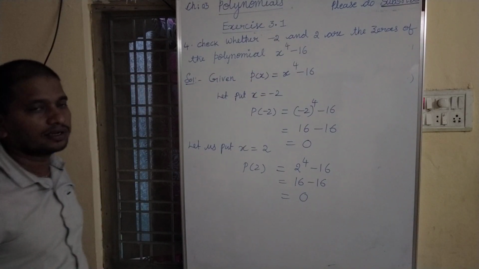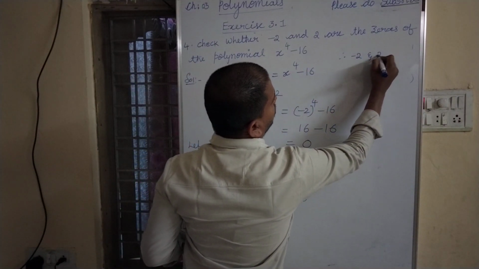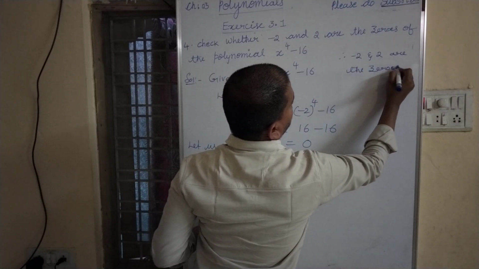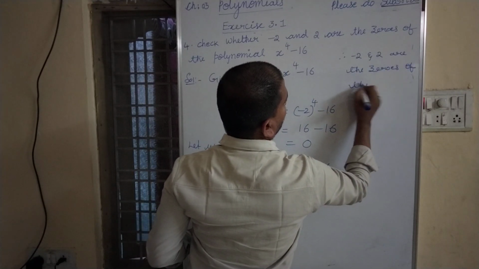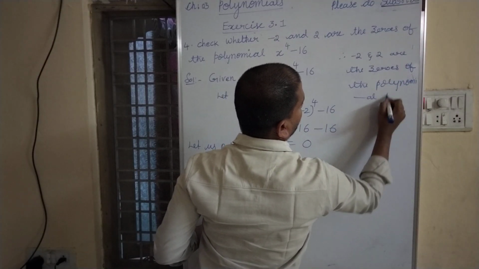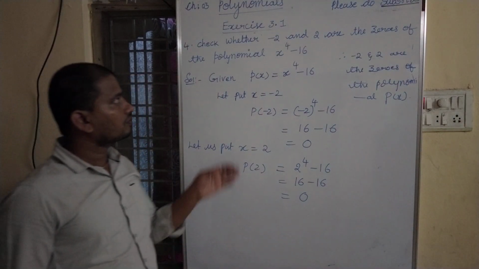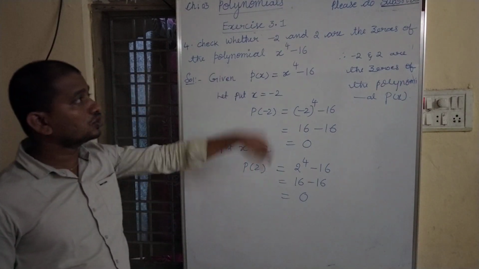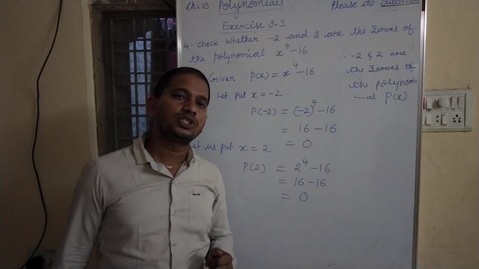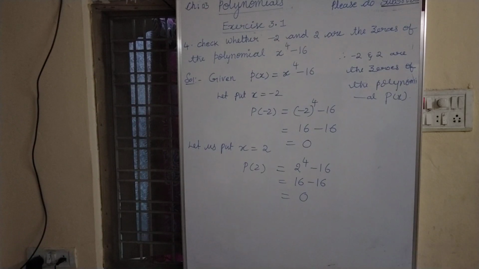Hence we can say that minus 2 and 2 are the zeros of the polynomial p of x. Got it? Once we substitute the values, if we get the answer 0, we can say that it is a zero of the polynomial. Okay, now let us continue with the fifth question.